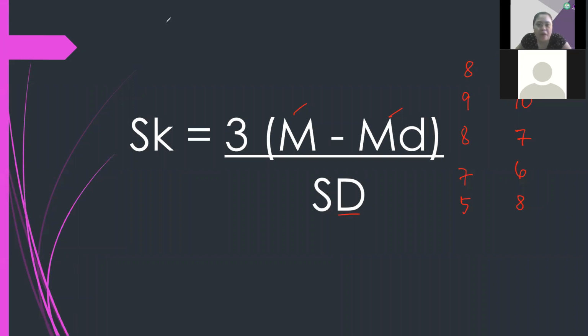Ibang formula kasi gamit nila doon, pero gamitin muna natin itong formula here. Nevertheless, parehas lang yung interpretation dyan.